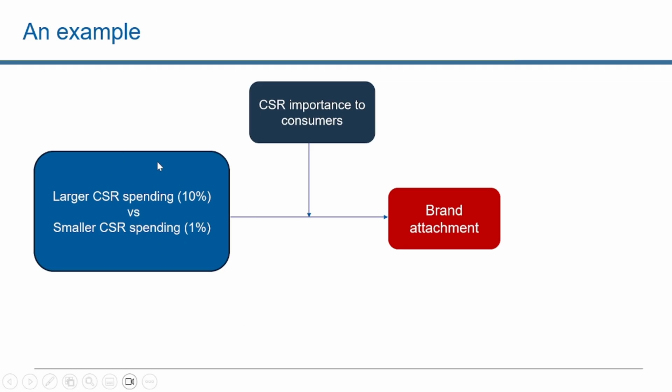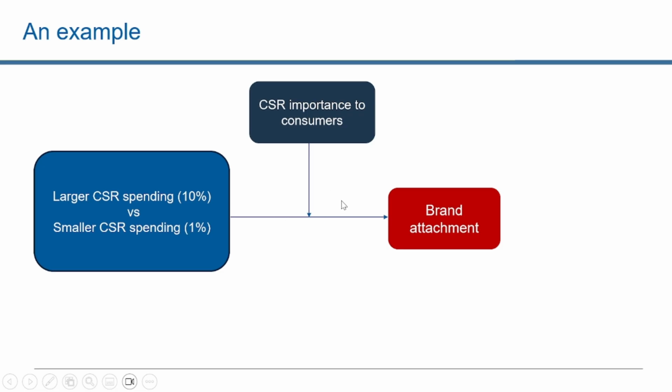Let's say I run an experiment, and in one condition, I tell people that a company is spending more on corporate social responsibility, let's say 10% of their pre-tax profit. And in another condition, there is a smaller CSR spending allocation, which is 1%. Then I'm trying to see whether there are differences in brand attachment, in how people respond to different types of information about CSR by companies.